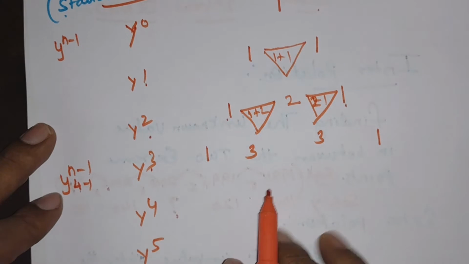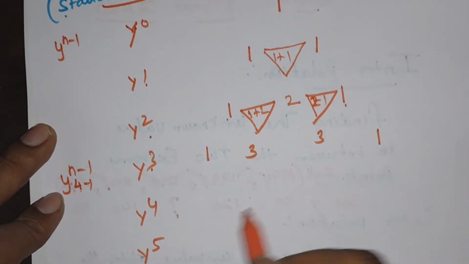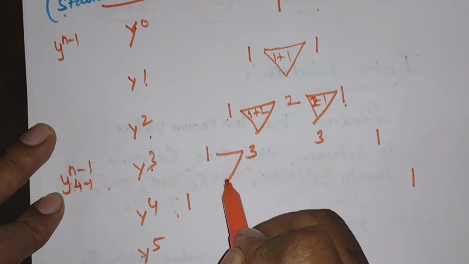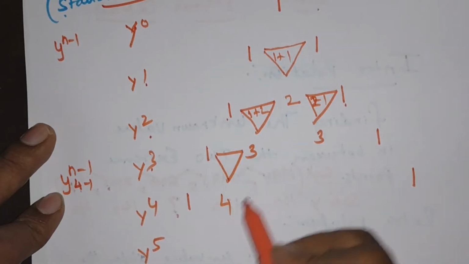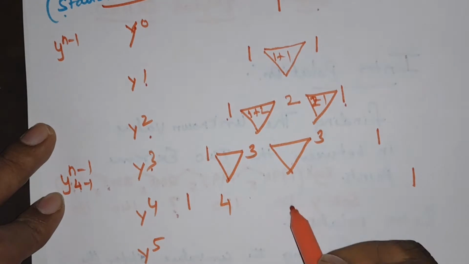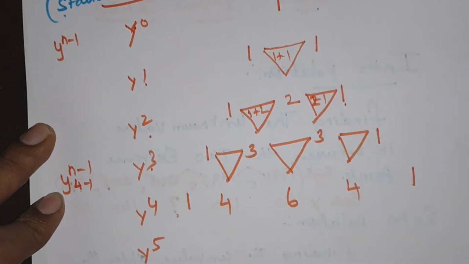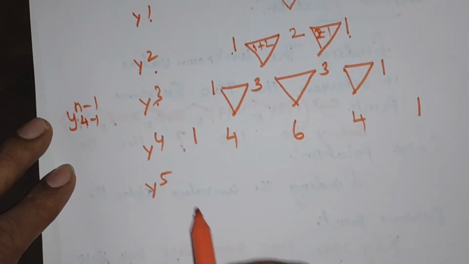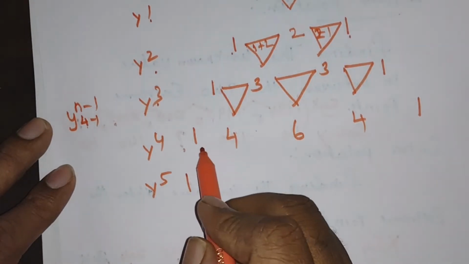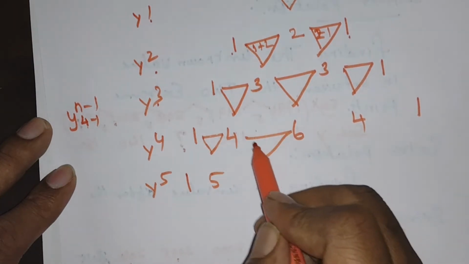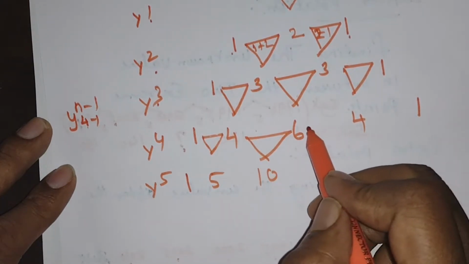Now the next expansion. The previous one is 4 values and the next is going to be 5. How is it going to be? 3 plus 1, 4. 3 plus 3, 6. 3 plus 1, 4. And for y5, what will be the value? 1 plus 4, 5. 6 plus 4, 10.